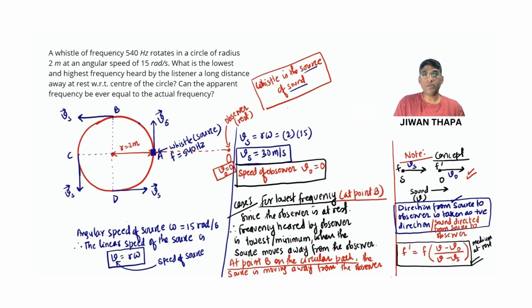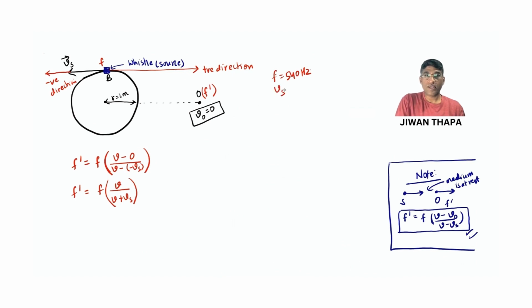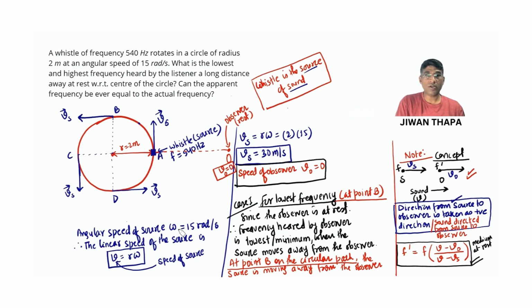Vs is 30 meter per second. And the speed of sound, what is the speed of sound? Let's see what is the speed of sound.